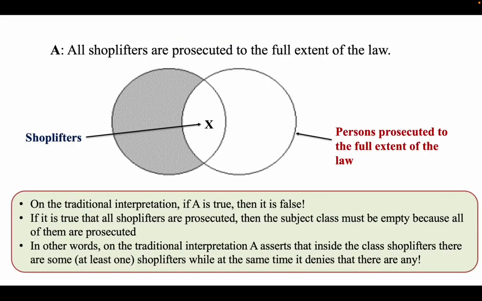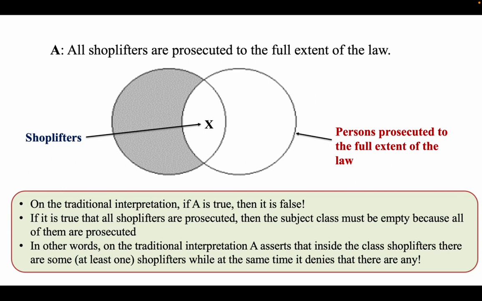So, all shoplifters are prosecuted to the full extent of the law. As you can see, according to the traditional interpretation, if A is true, my statement is false, because if it's true that all shoplifters are prosecuted, then the subject class must be empty, because all of them are prosecuted, and consequently there would be 0 shoplifters inside the class of shoplifters.